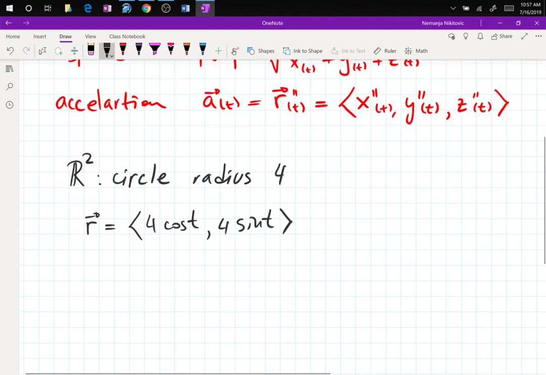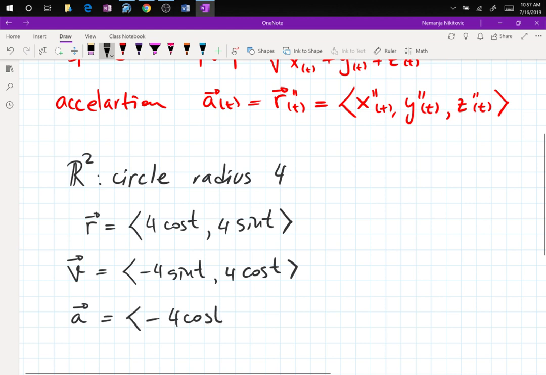So now what you can do is you can quickly come up with the velocity vector. Velocity vector would be the derivative of this, so negative 4 sine t, 4 cosine t. So that's the velocity vector. And acceleration vector would be negative 4 cosine t, negative 4 sine t.